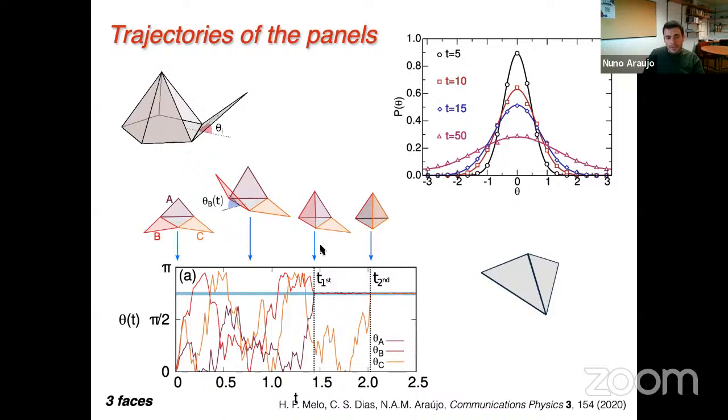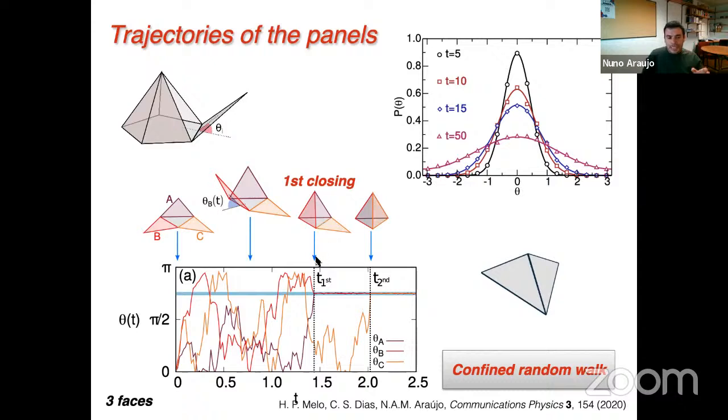A first closing event occurs when the first 2 faces meet at the closing angle, which here is represented by this blue horizontal line, the angle at which the 2 faces will close. And then you have a second closing event that corresponds to a third face coming and meeting these 2.